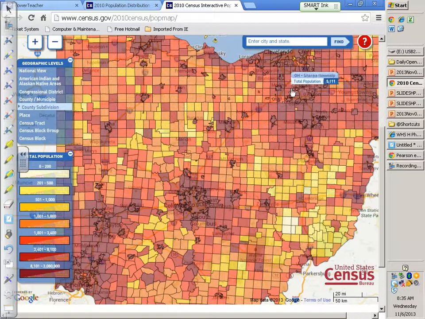Even around Cleveland, look, there are little pockets of yellow in the greater Cleveland area. What might those spaces represent? Where would there be low population density even in the city of Cleveland? Chris? Forests, like parks.